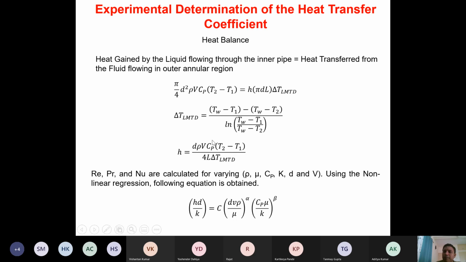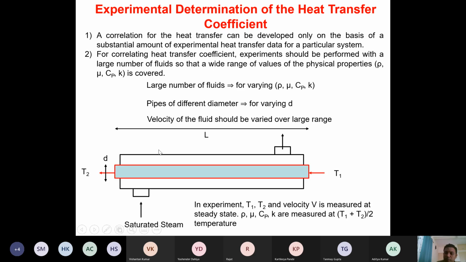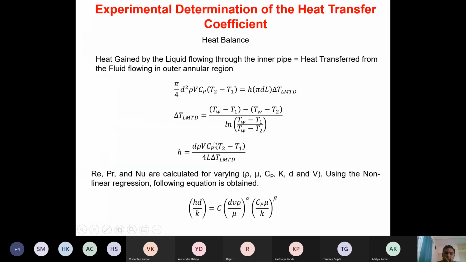Only inlet and outlet temperature we require. In this particular experiment, the inlet temperature we know. For all the variabilities, we will be measuring T2. Once we know T2 and T1, this wall temperature TW can be obtained directly, because saturated steam is used. So that means this temperature is going to be around 100 degrees Celsius. So that is already known, isn't it? So the wall temperature is known.